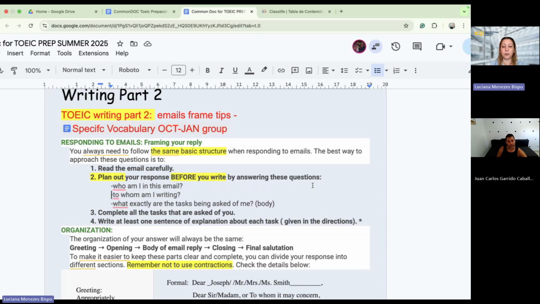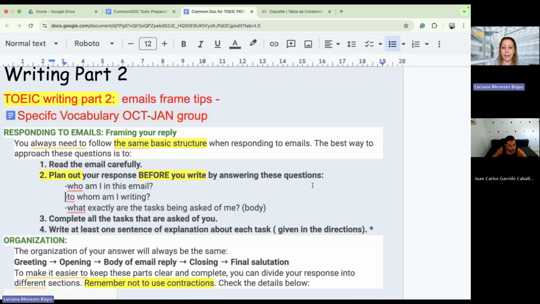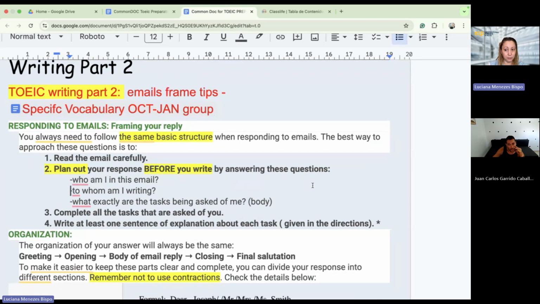Let's pause there, please. Okay, so it seems logical, but the nerves make the students go straight and start writing. Okay, we must take a breath and analyze the prompt, because they are very tricky. Maybe we are going to do examples in class that are not very tricky, but the exams can be very, very tricky. So, first of all, who am I in this email?